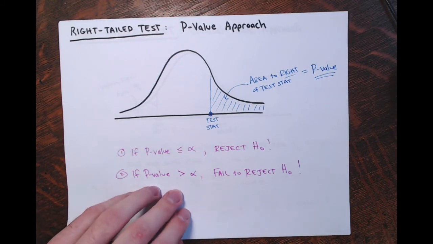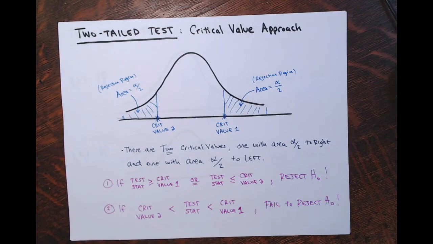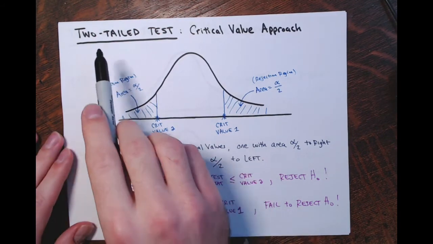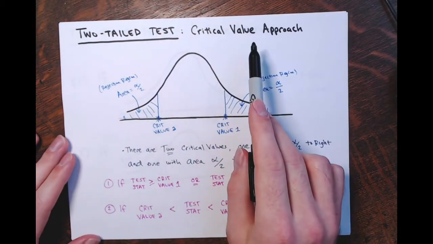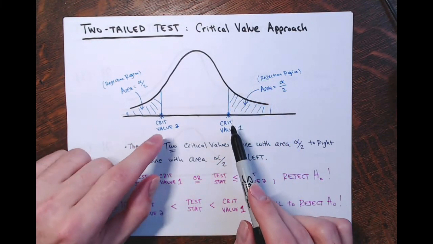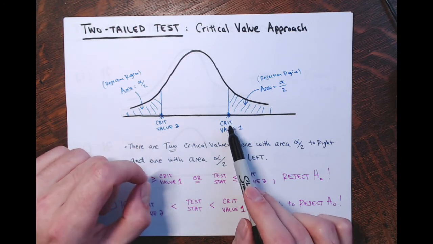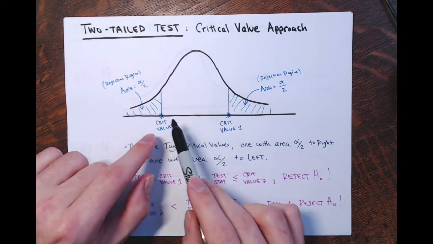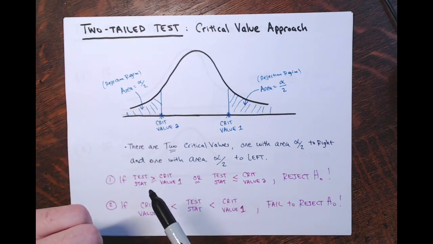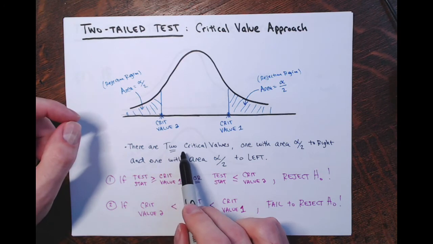All right, now for a two-tailed test, it's a little bit trickier. So for a two-tailed test, if you're doing what's called the critical value approach, there are two critical values you need to find. I'll call the one on the right critical value 1, and I'll call the one on the left critical value 2. And again, there are two critical values.